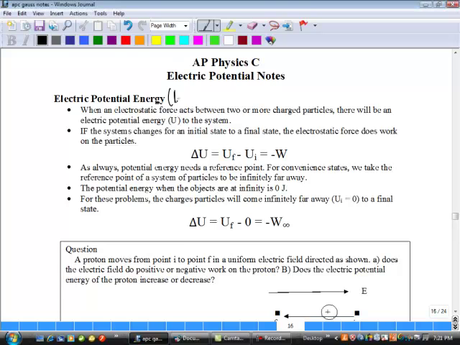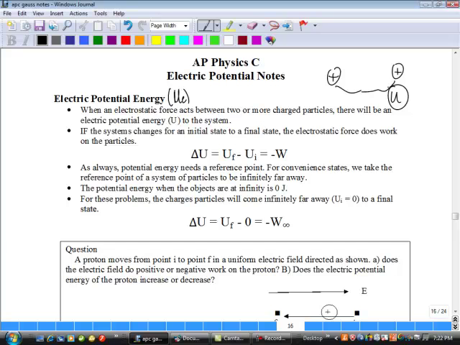We've talked about this electric potential energy before. When electrostatic force acts between two or more charged particles, there's going to be some energy between them. We know this. If we have two positive charges, we can make them come together. We're going to do work on them, and once we've done that work, they're going to have some potential energy between them. Because those positive charges are going to want to repel, that potential energy will be converted to kinetic energy.